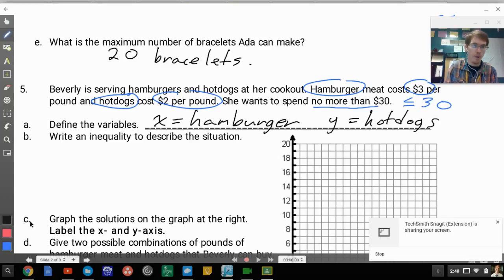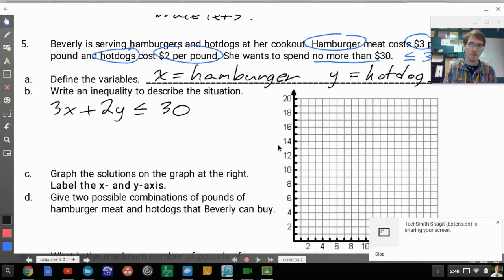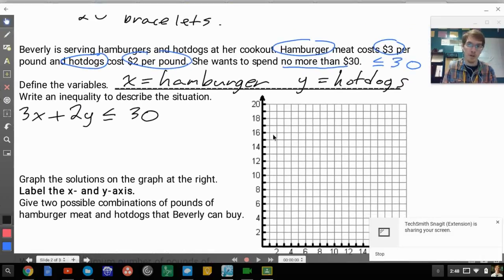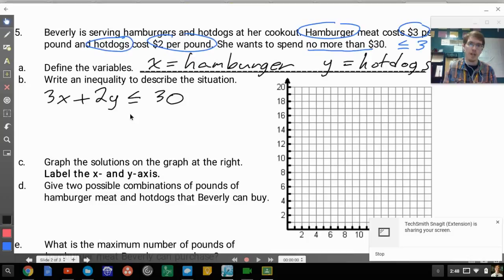All right, so our inequality is going to be 3x plus 2y is less than or equal to 30. Less than or equal to 30 because not more than $30. And with $3 per pound for the hamburger, $2 per pound for the hot dogs. And so there we are.